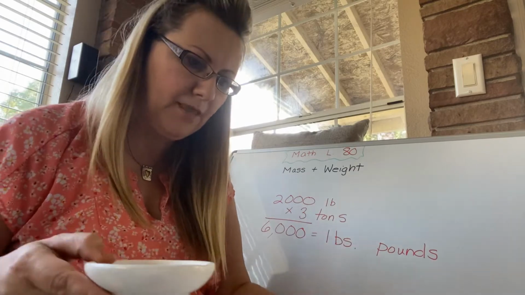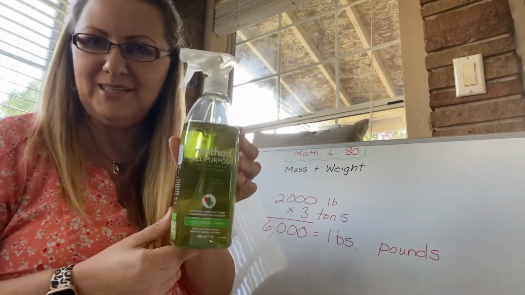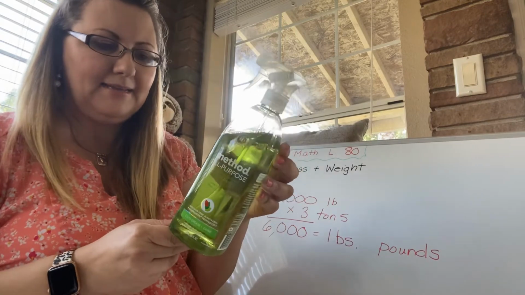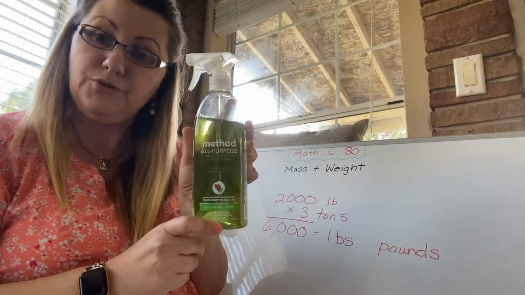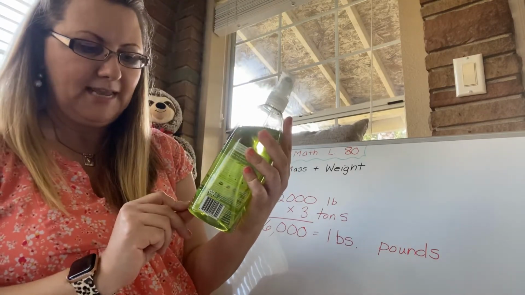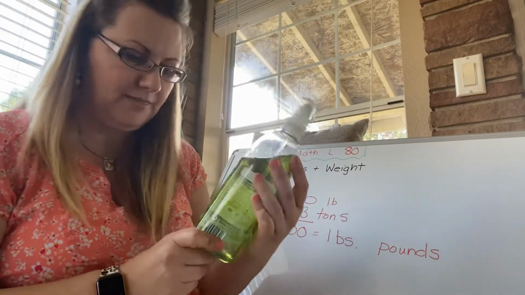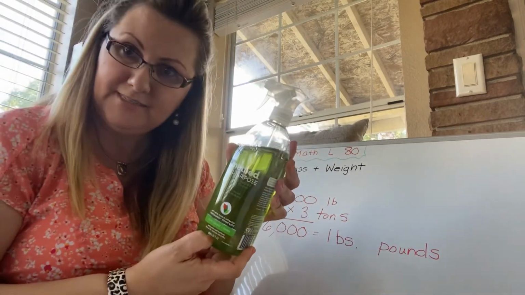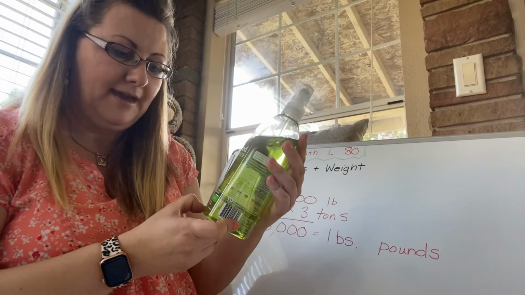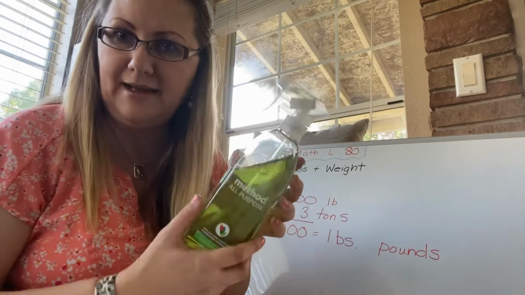Now I happen to have this little method cleaner, which is one of the ones I really like to use in my home. As you can see here, it is measured in US ounces. It says it's 28 fluid ounces, and that's what we see most of the time in the United States. It also says here it's 828 milliliters, which is the metric unit that's the same as 28 fluid ounces.